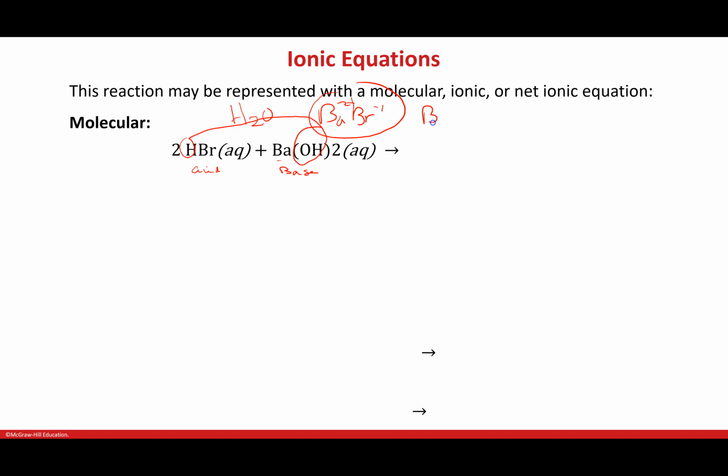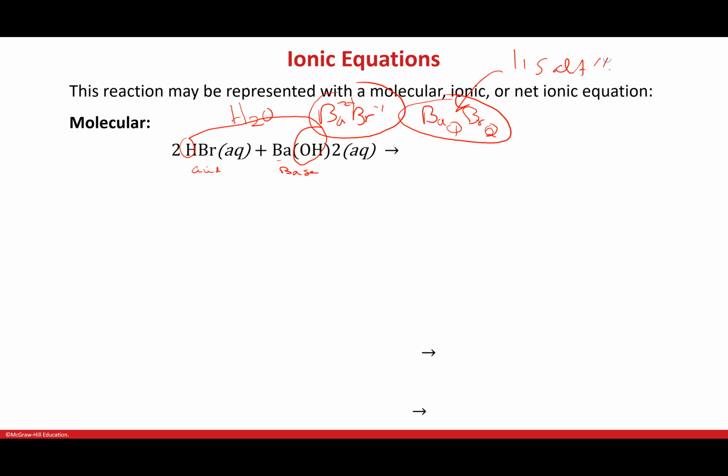How many Bas do I need, and how many Brs do I need? Yep, BaBr2. Perfect. Thank you. BaBr2. I know it's kind of messy up there, but that is the salt.